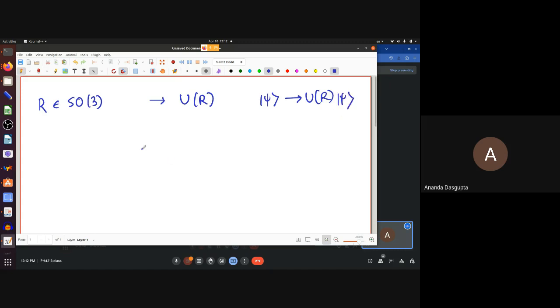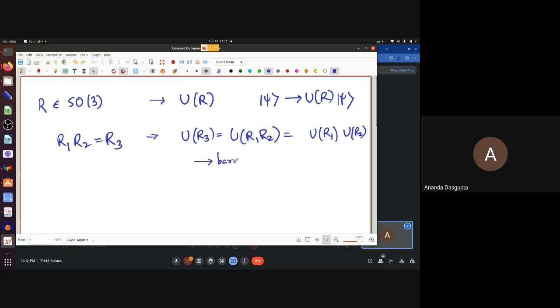Okay? And as we argued the other day, if R1 R2 equals R3, then you can argue that U of R3, which is U of R1 R2, of course, has to be U of R1 times U of R2. This has to be taken with a small grain of salt, in the sense that we also talked about this thing last year, projective representations.